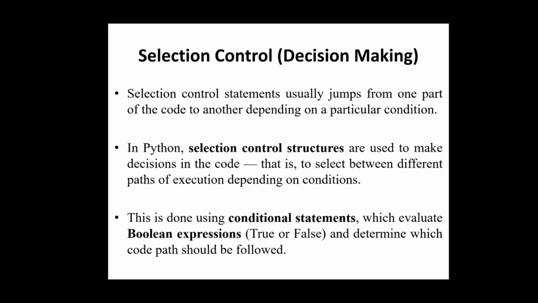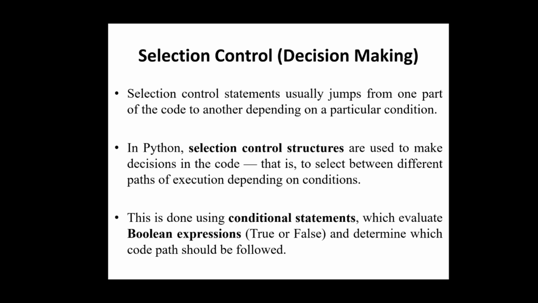Welcome, listener. Today, in this lecture, we will discuss selection control or decision making. Selection control statements usually jump from one part of code to another depending on a particular condition.